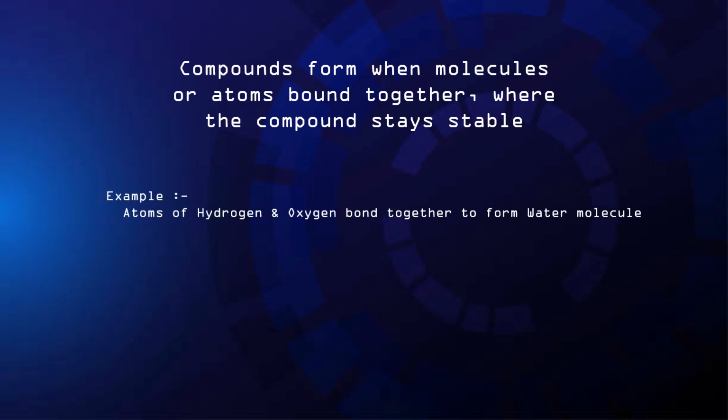I'll give another example. Atoms of hydrogen and oxygen bond together to form water molecules. As I said earlier, one oxygen atom will share two electrons with two hydrogen atoms to give one molecule of water. But one molecule of water will not form a compound.